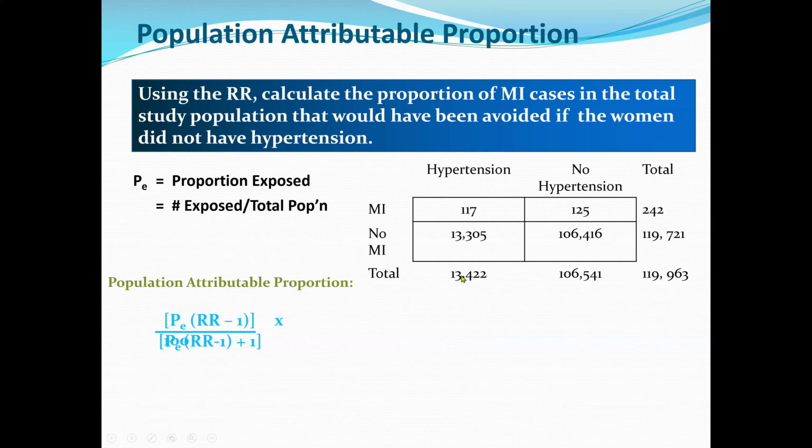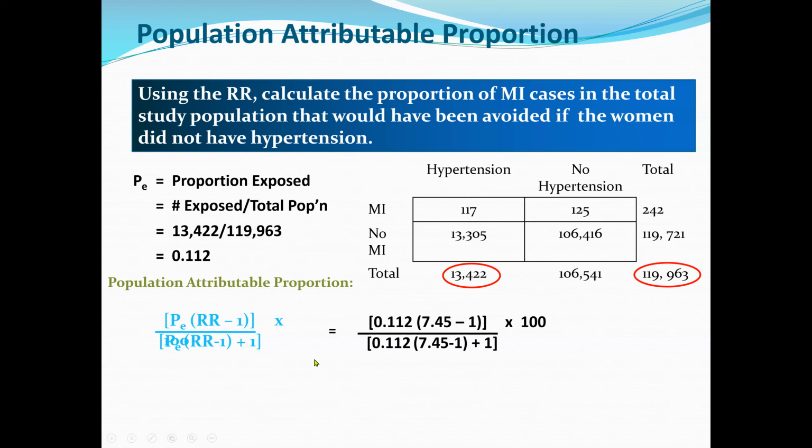The total exposed is 13,422 and the total population is 119,963. So we calculate 13,422 divided by 119,963, and the answer is 0.112. Now we know the PE.